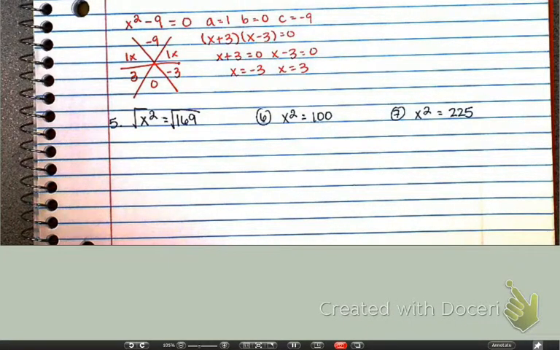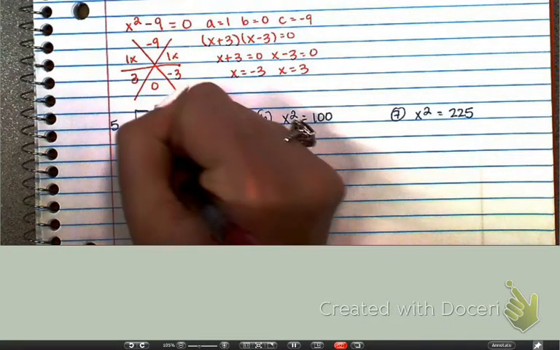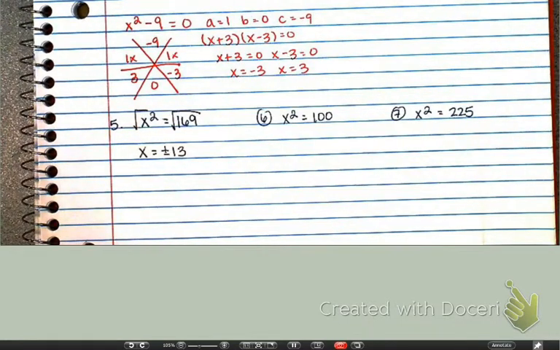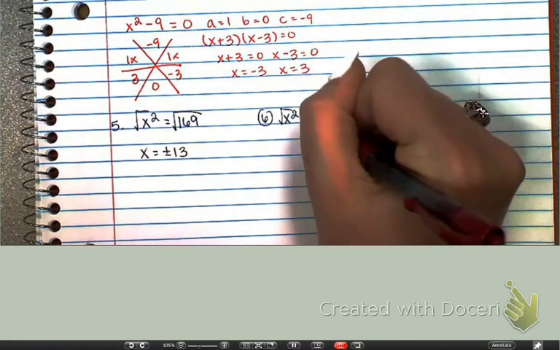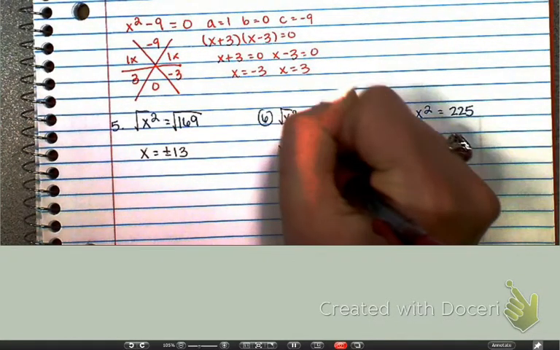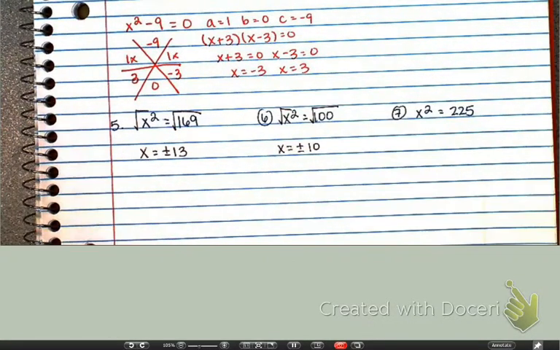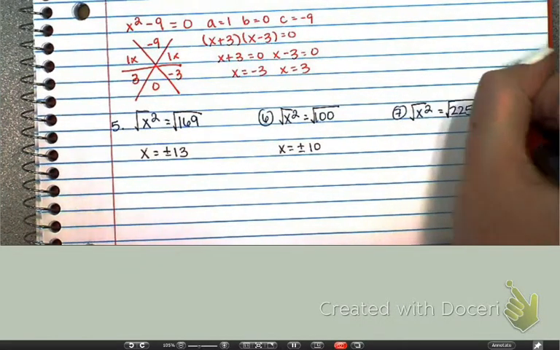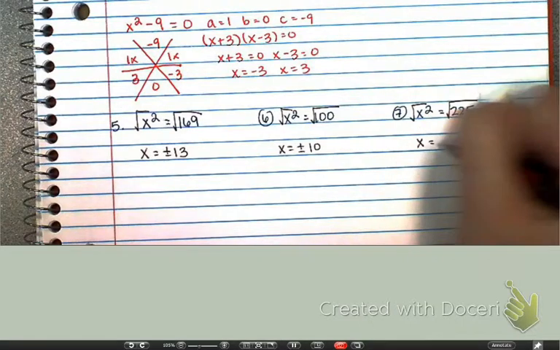So what's the square root of 169? You should have x equals plus or minus 13. The square root of 100 is 10, so x equals plus or minus 10. If I take the square root of 225, I get x equals plus or minus 15.